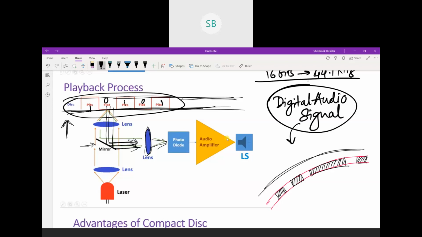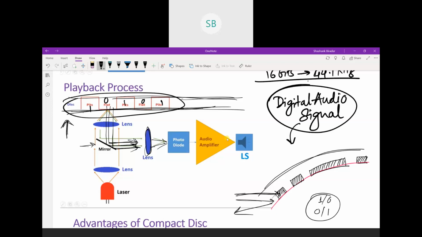Now the surface of the disc is reflective. Are you getting? So laser falling on that will be reflected back because it is a reflective surface. But when it falls on a pit, it will not reflect. So the reading is possible: whether it is reflected, we treat it as 1 or 0, and if it is not returning, if it is falling on the pit, then it is 0 or 1.